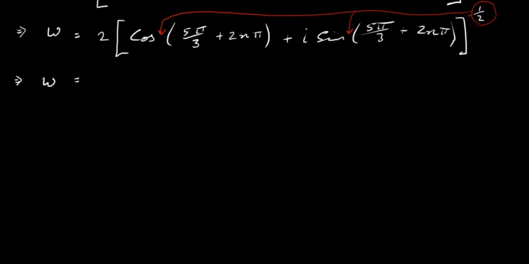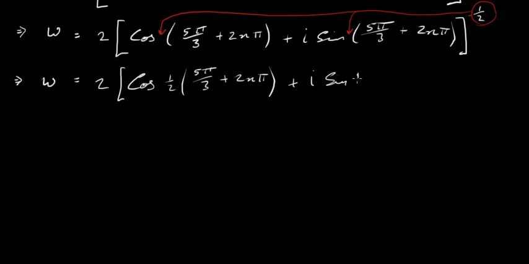Again, you can do this in your head when you've done enough of these, but our answer is just going to be cos of a half times 5 pi over 3 plus 2n pi, plus i sine of a half times 5 pi over 3 plus 2n pi, and that's it.